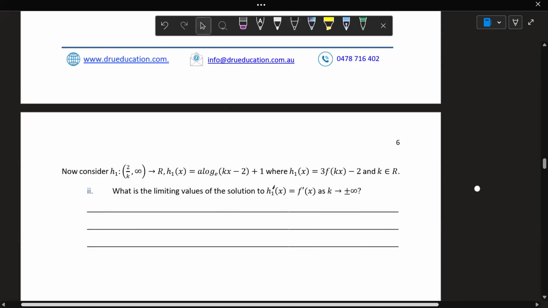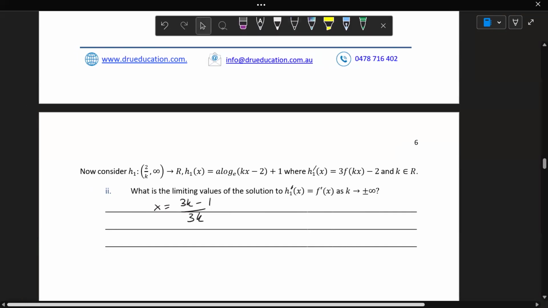Then you just differentiate this and put this into a CAS, and you solve for x, by the way, and you end up with x is equal to 3k minus 1 over 3k. And you can just do the limit where k goes to plus or minus infinity on your CAS as well.